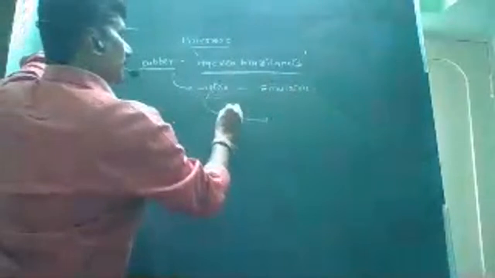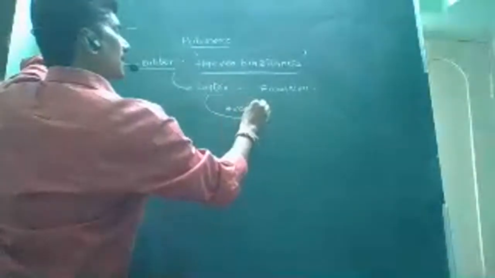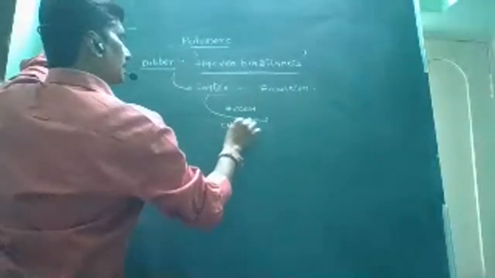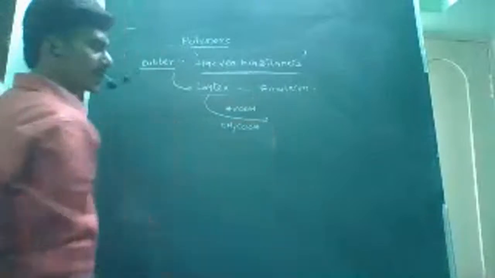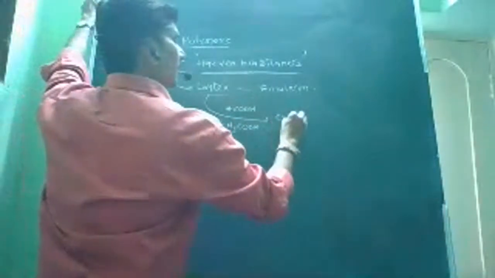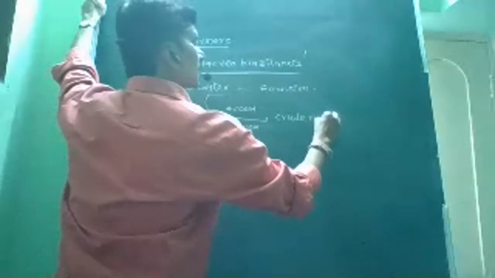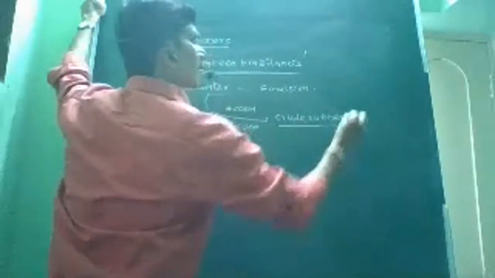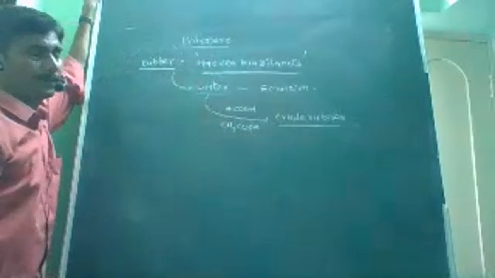So on addition of formic acid or acetic acid, it forms crude rubber.